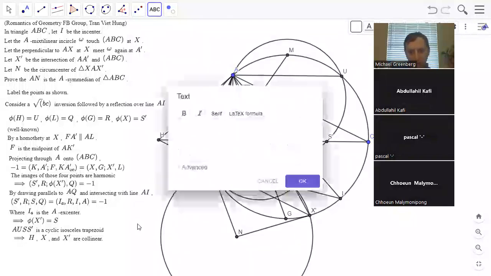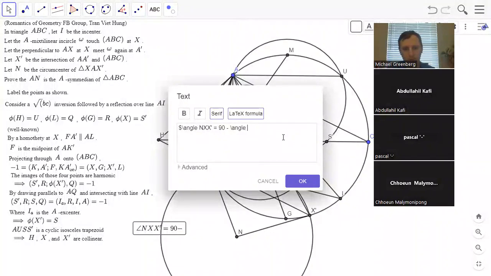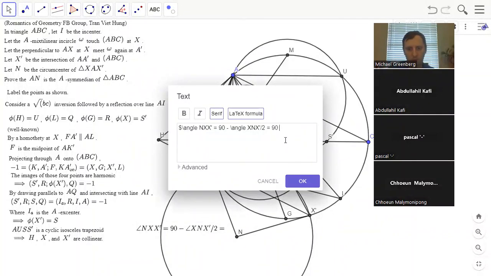So okay, angle NXX' is 90 minus angle XX'/2, which is 90 minus, that would be 180 minus angle XA'X'.